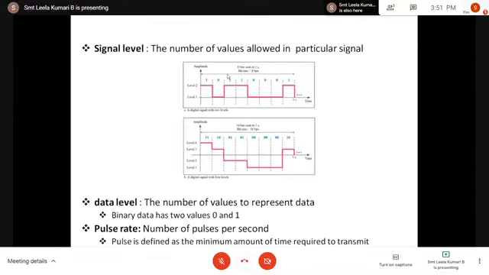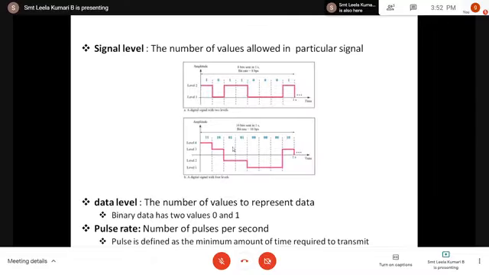Suppose you consider this particular example. In this case there were 2 levels. This is one level and this is another level. Suppose level 1 is 0 volts and level 2 is 2 volts. That means the signal level of this signal is 2 levels.